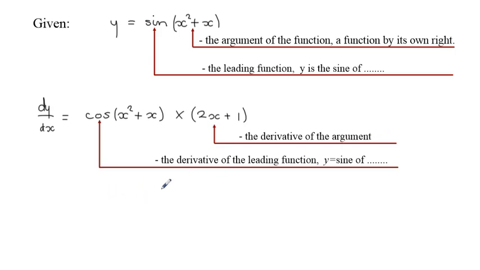So when I'm given a trigonometric function sine, and I want the derivative with its argument being another function like that, what I simply do is invoke the derivative of sine, which is cos, and retain the argument exactly as it was in the original function, but multiplied by the derivative of the argument. When you've done that, you've actually done the complete derivative.